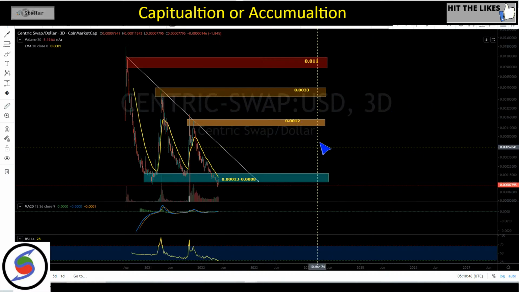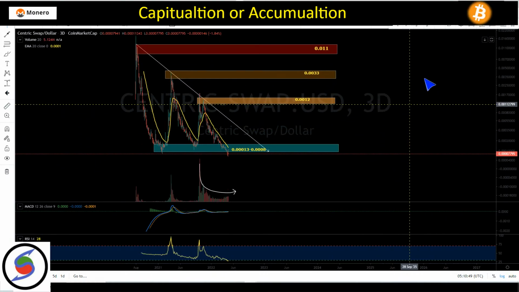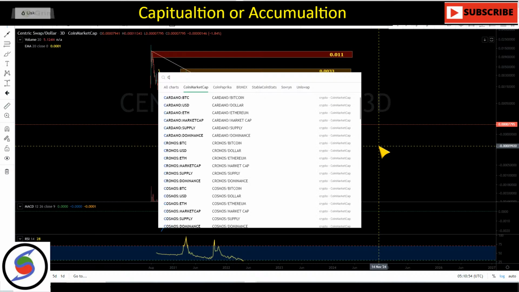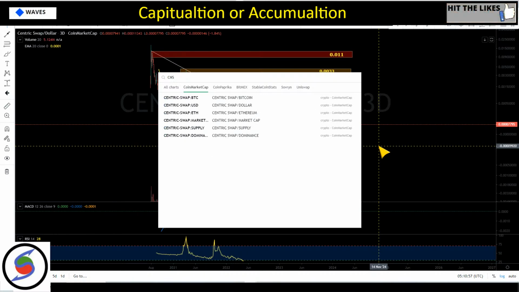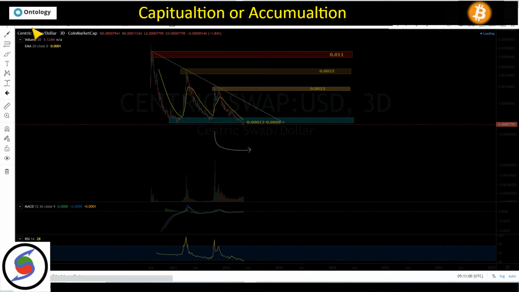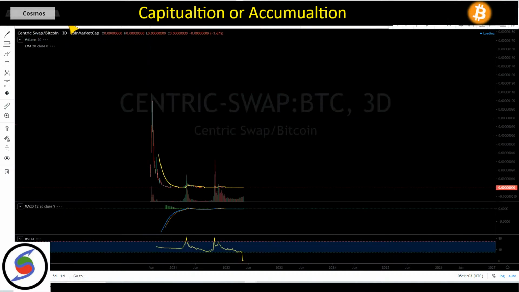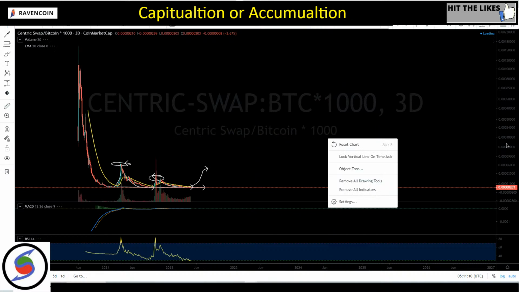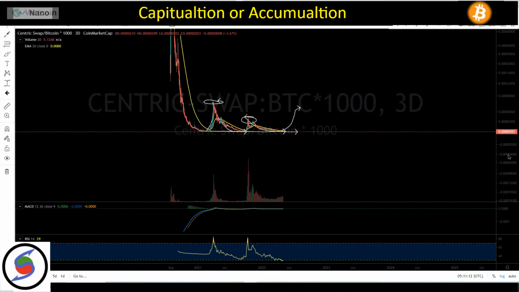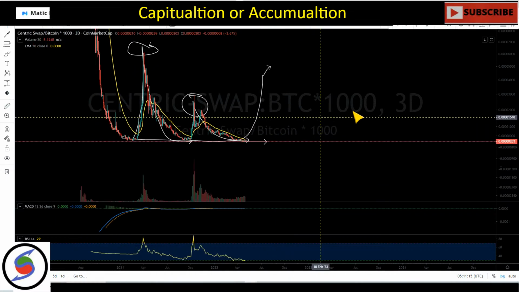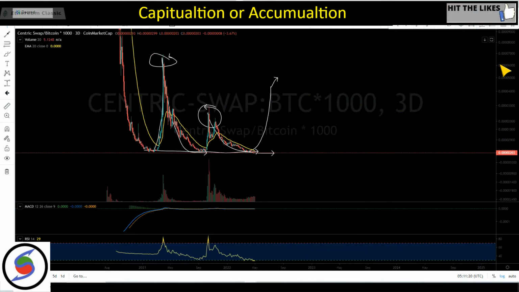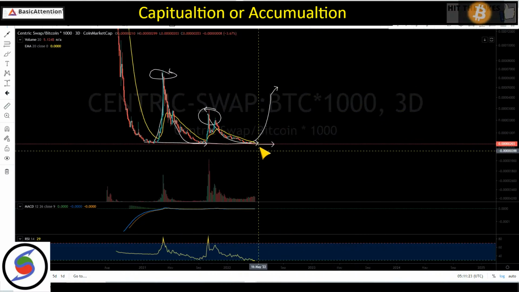Yeah, it is breaking the macro support. Against BTC, it is a support, so I would just accumulate BTC. And once we flip bullish above the 3D21, start to add back to the position. But as of now, it is a support.